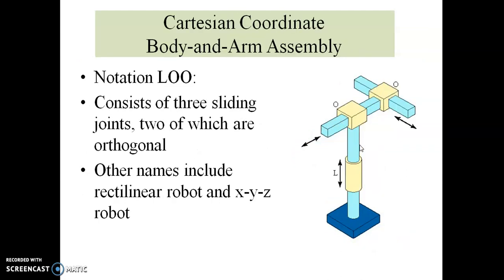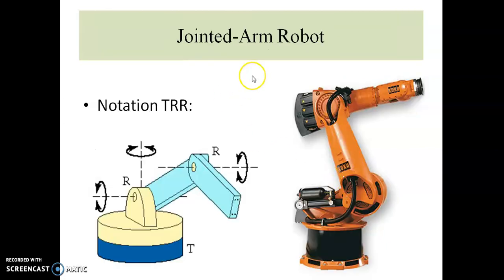Cartesian coordinate system. In the Cartesian coordinate configuration, the body with the arm assembly consists of LOO joints. L means linear, O orthogonal. It consists of three sliding joints, two of which are orthogonal. This is the orthogonal and this is the linear joint.